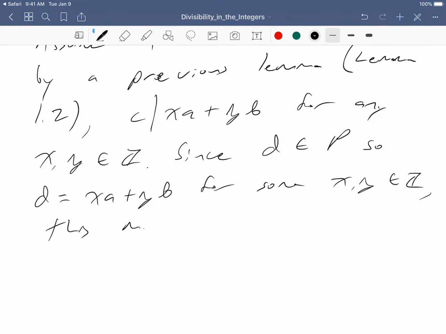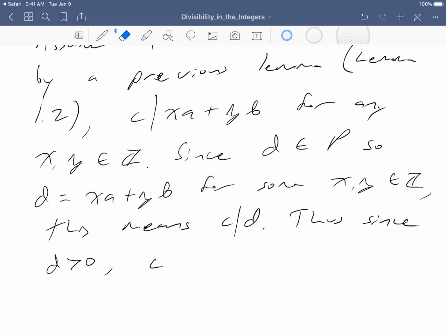So this means C divides D. Okay, so then D is a multiple of C, and since D is positive, we must have that C is less than or equal to D. If D was 0, remember, we could say that C divides 0 fine.